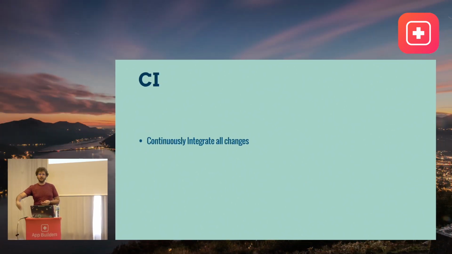And again, I'm going to be very tautological here, but the idea of CI is to continuously integrate any changes that you make into the main branch of your work. So, for example, make sure that everything that you do is integrated as quickly as possible into master. Avoid long-running branches. Avoid all the problems that come with having to merge.